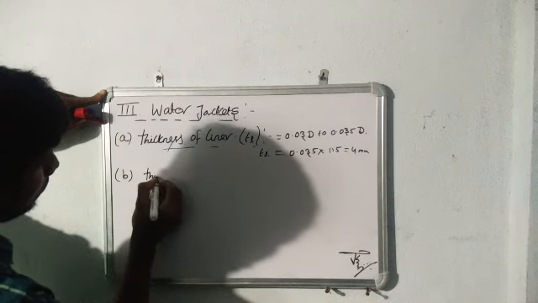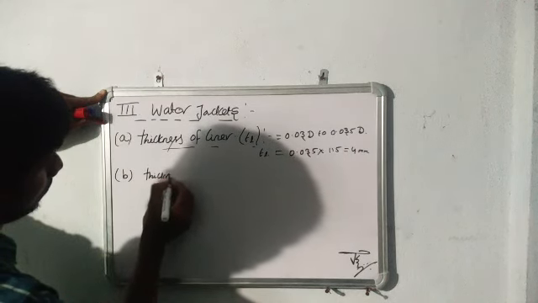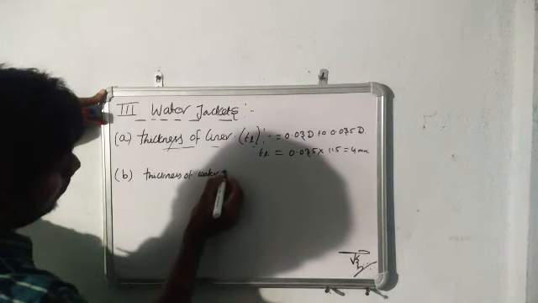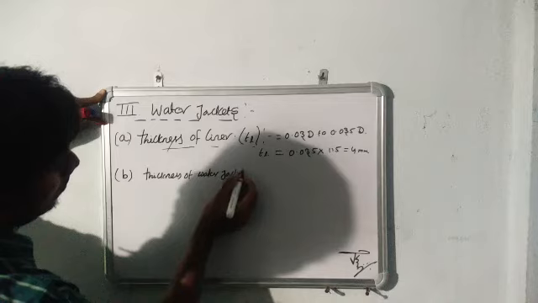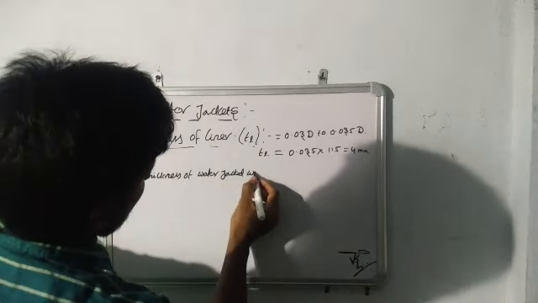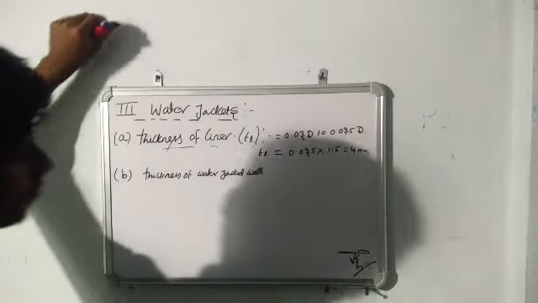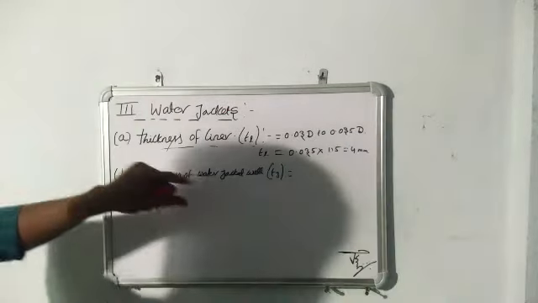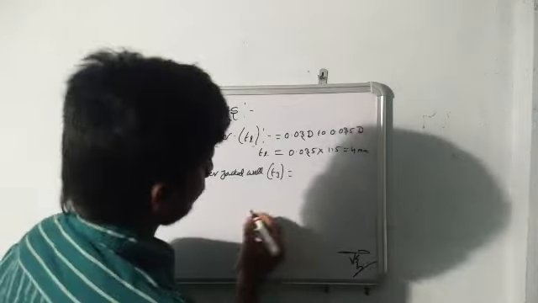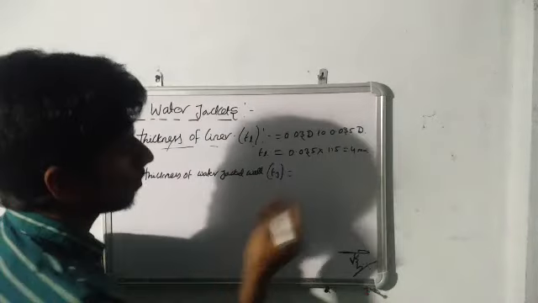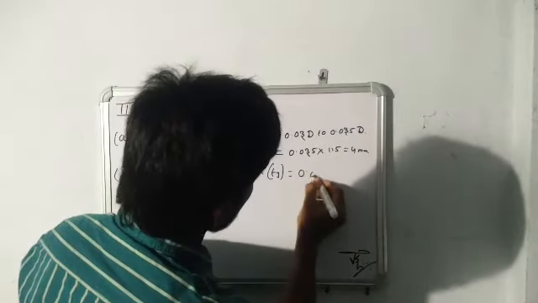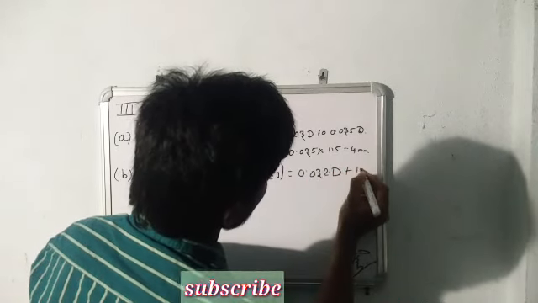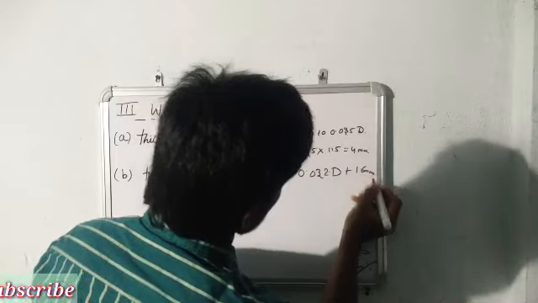Thickness of water jacket wall. It is denoted by Tj. We know the formula to find the thickness of water jacket wall, that is equal to 0.03 times of d plus 1.6 mm.